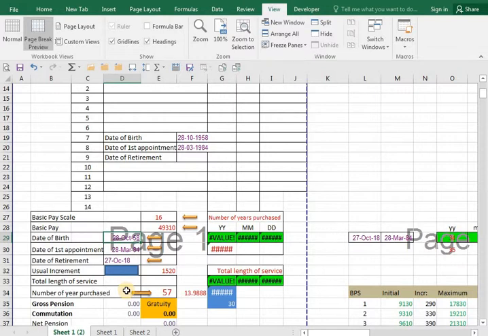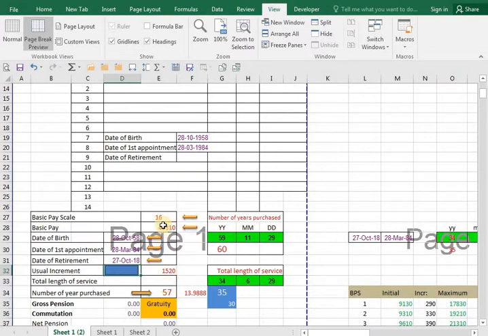What is happening here? Oh yes. Yes, it's correct. Since this guy is retiring after 30th of June, the usual increment, which is 1520, will also accrue.